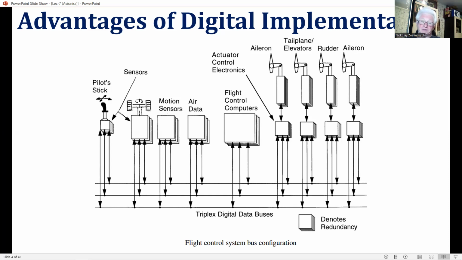The use of 3 or more totally independent data bus networks enables the failure survival requirements to be met. And this slide illustrates a flight control data bus configuration.